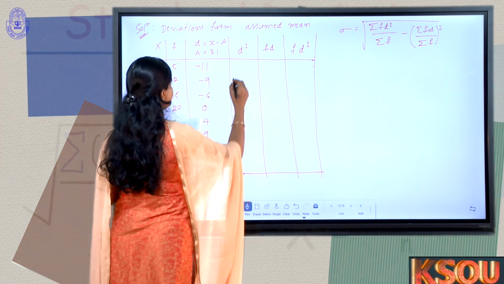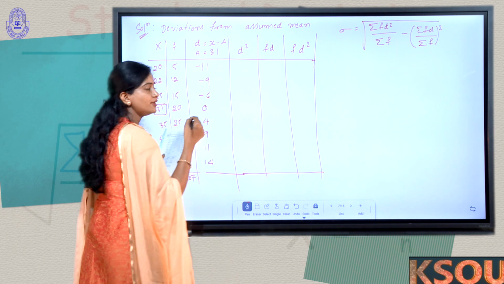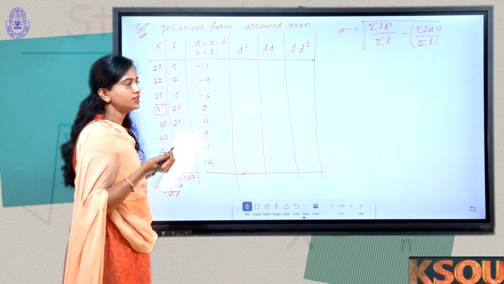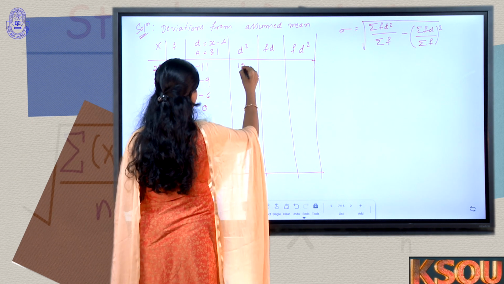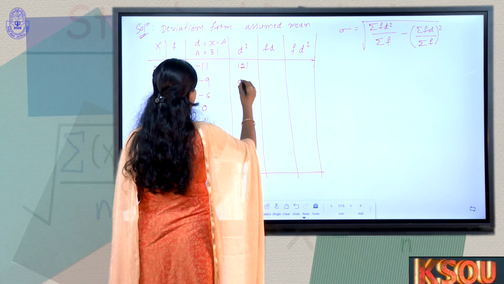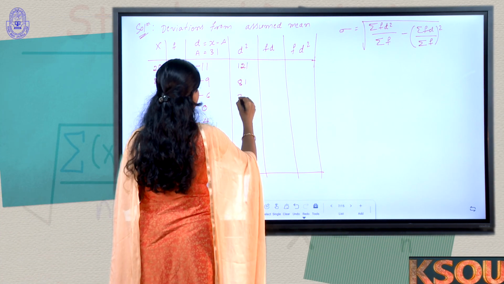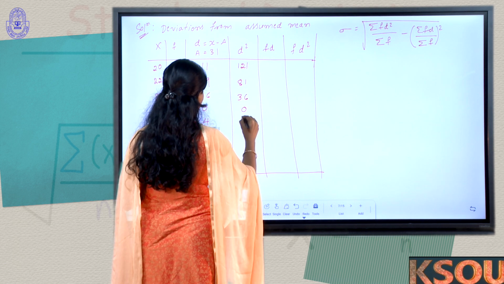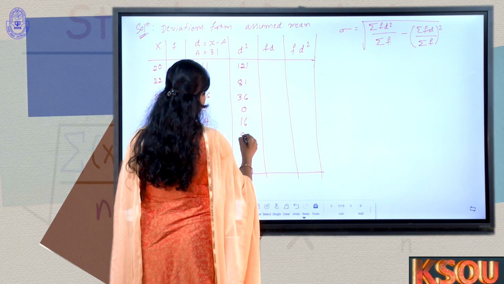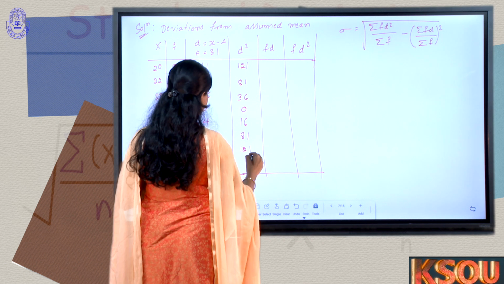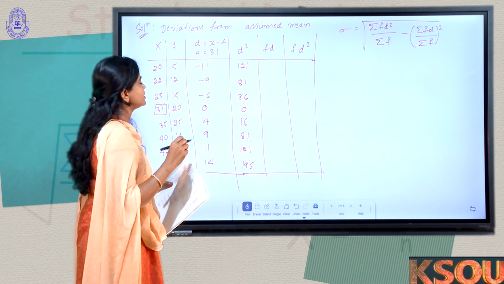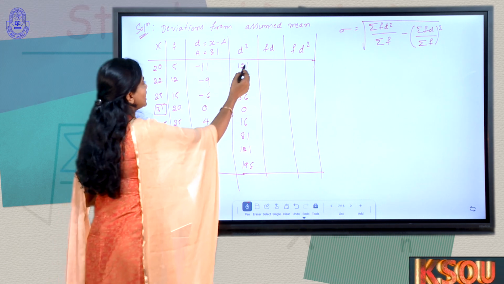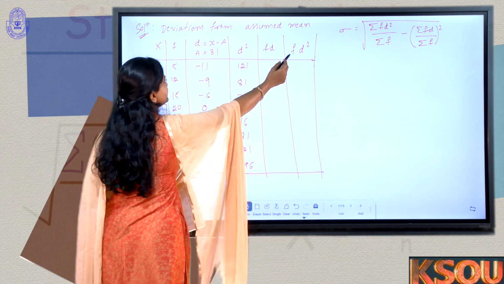For minus 11, you will have to take minus 11 into minus 11, that will become plus 121. Then you will be having 81, 36, 0, 16, 81, 121, 196.